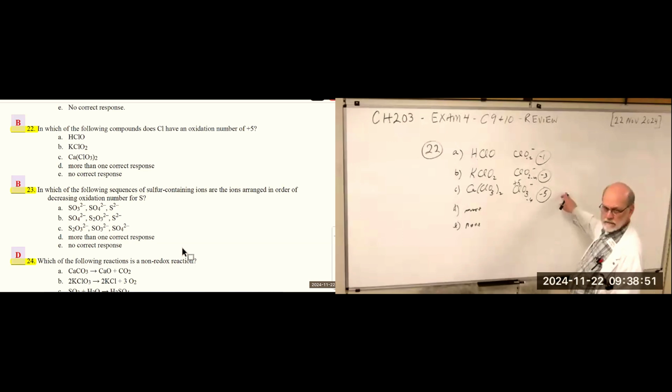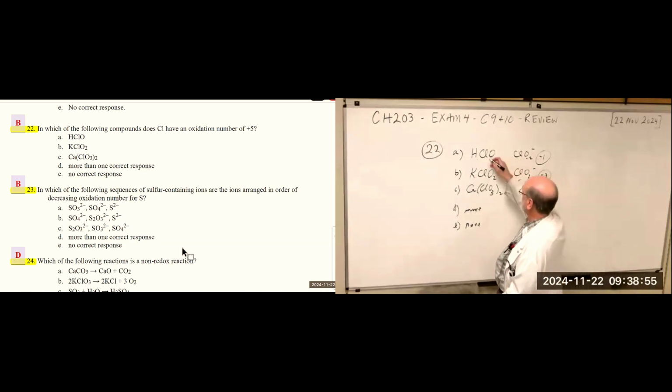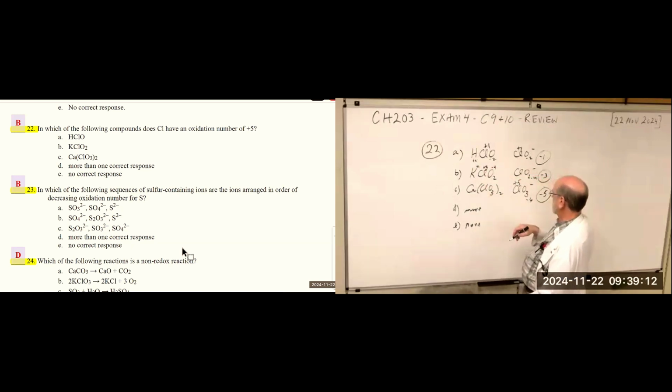Should be C. Let's check it the old way and see. -2 +1, which is -1, that's +1. Yep. Okay. -4 total here, +1 there, -3 is a +3. Yeah. So this would be +5, +3, +1 for the chlorines.